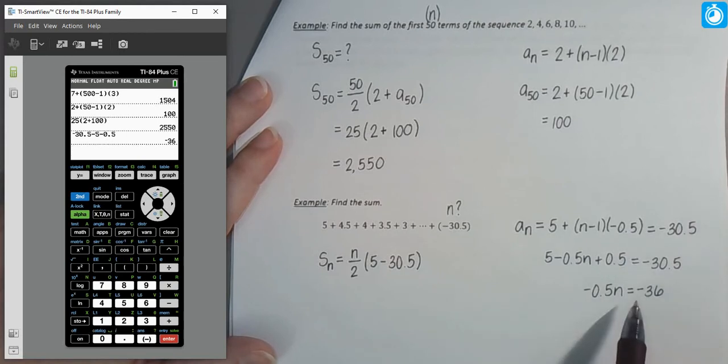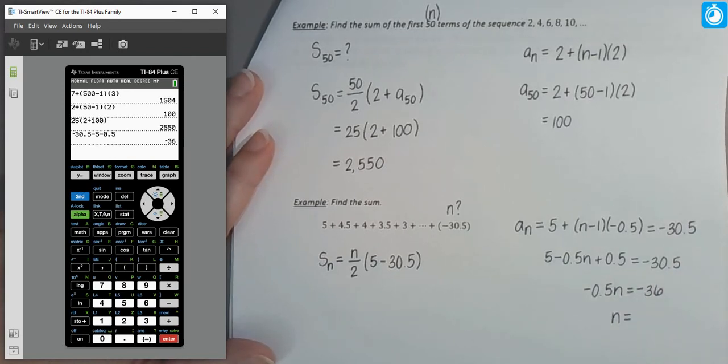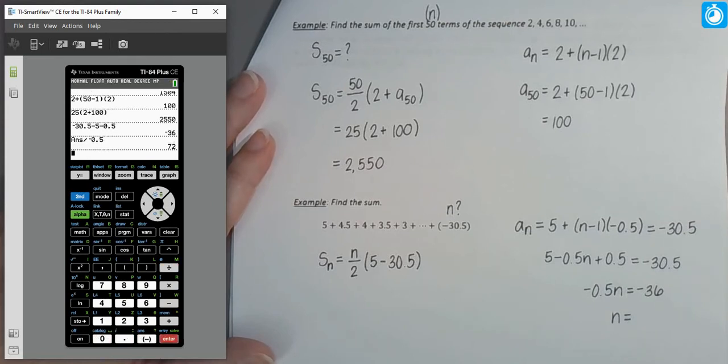And if we divide by negative 0.5, initially it looks like we might have a problem because we're dividing by something fractional, but that's not the case. So we're dividing by negative 0.5, and we get a positive integer. Remember, n should be a positive integer. So in this case, n is 72.